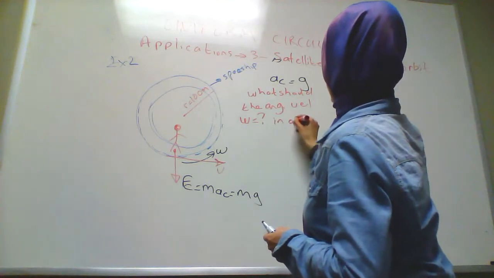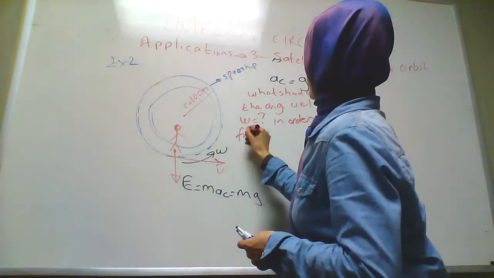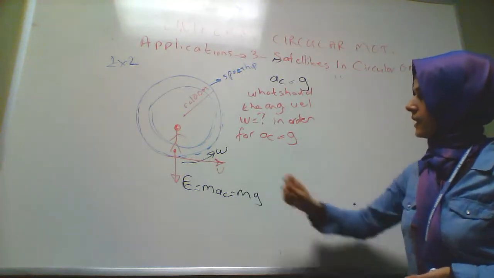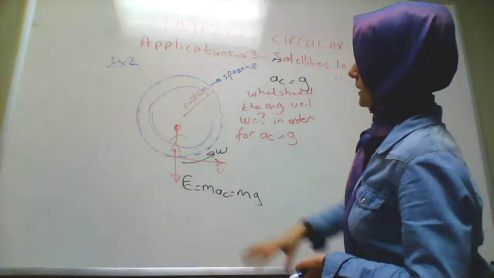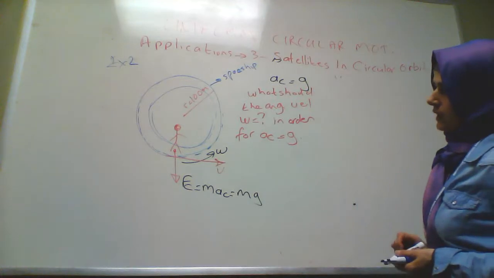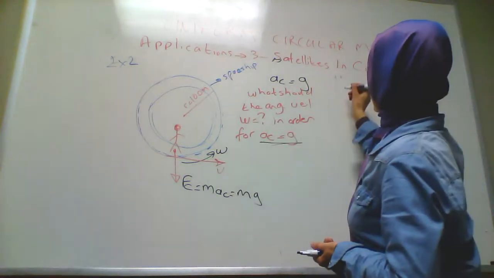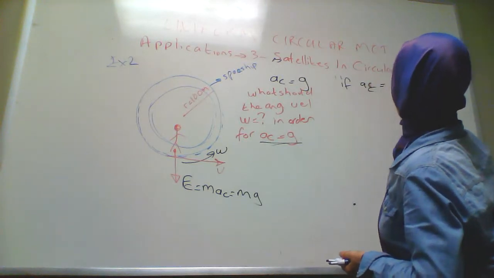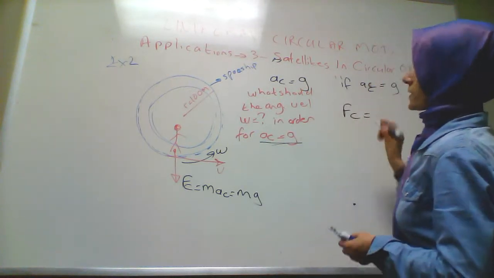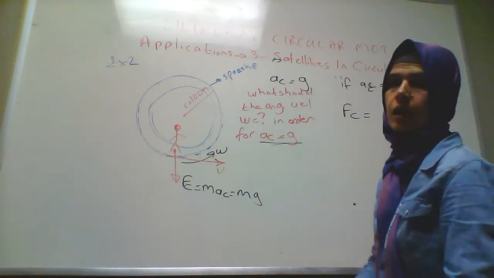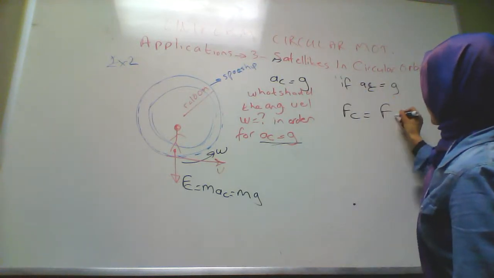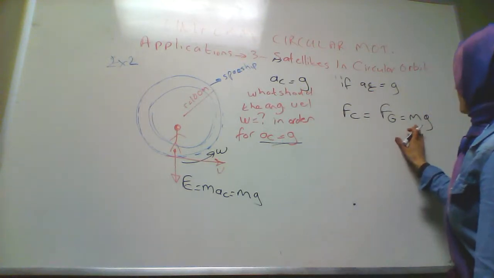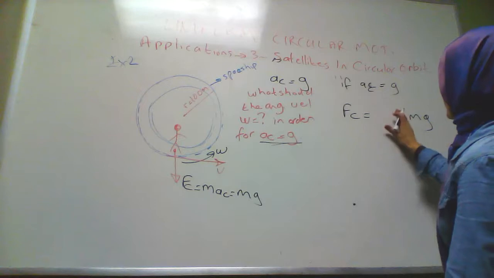In order for AC to be equal to g, what should omega be? You could ask any other value, but that's the thing. So for this to happen, if AC is equal to g, then the centripetal force applied on the astronaut in space will be equal to the gravitational force on Earth, which is mg.